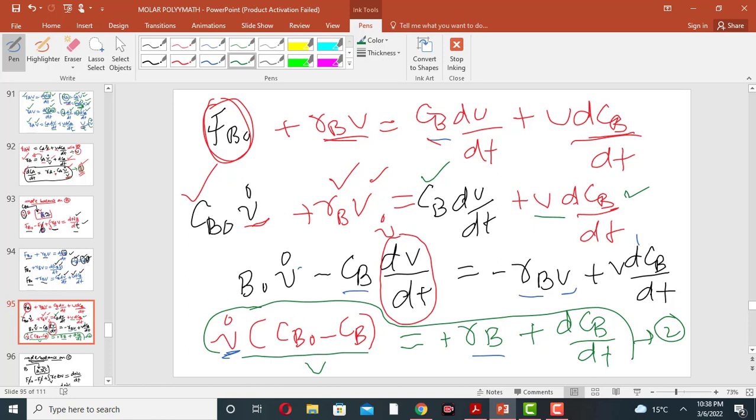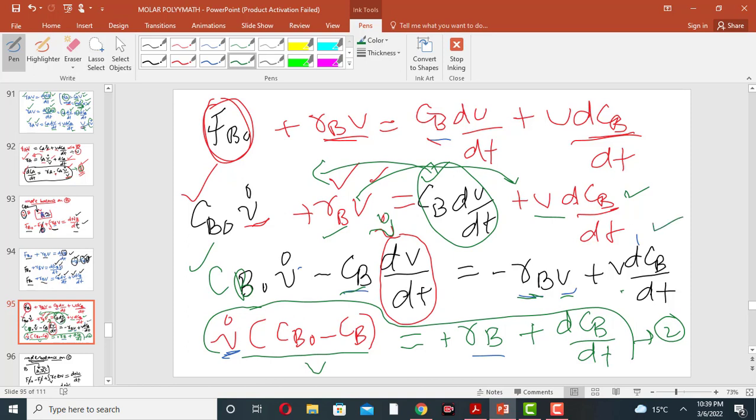Now this term will come to the right side, and this term will come to the left side. So this is CB0 into volumetric flow rate minus CB, and this dV by dt is nothing but the volumetric flow rate V0, and this term will become negative: minus RB into V plus V into dCB by dt.